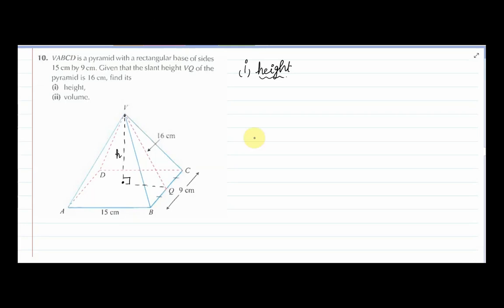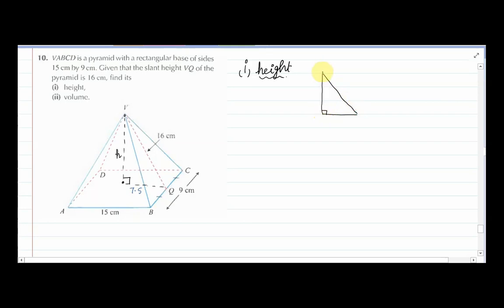To apply Pythagoras, I have a length 16. What should be this length? So that is equals to half of 15, and it's 7.5, right? For your easiness, if I draw the triangles separately, it will look like this one.